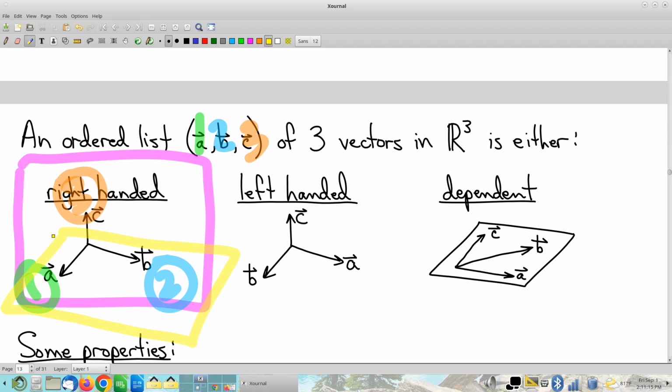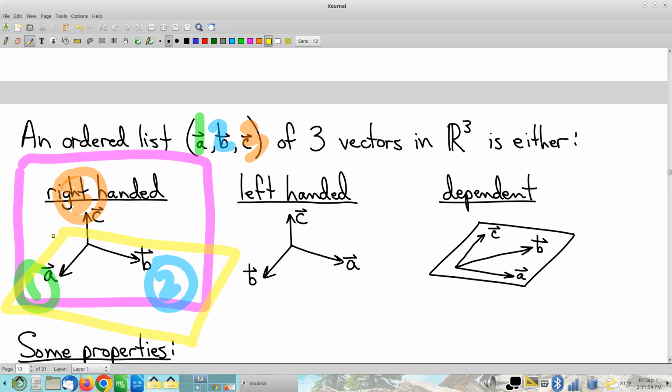As I have it here, my thumb is pointing on what you might call the upside of that plane, and that third vector, C, is also pointing on the upside. Because it's my right hand that makes my thumb point in the same direction as the third vector, we call this a right-handed list. Everybody follow? Index finger parallel to the palm in the direction of the first vector, middle finger bending the way middle fingers want to bend. Which side of the plane does your thumb point onto? Okay, that's a right-handed list.